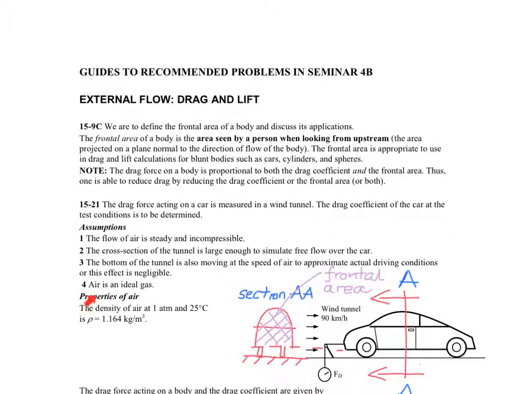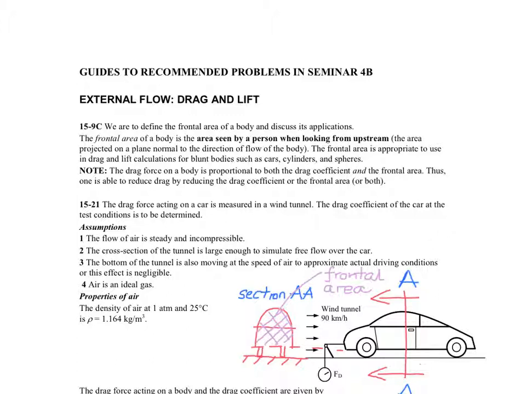Next, the air is an ideal gas. You will learn in thermodynamics, if it is an ideal gas, it will obey a certain law or rule called the perfect gas equation.